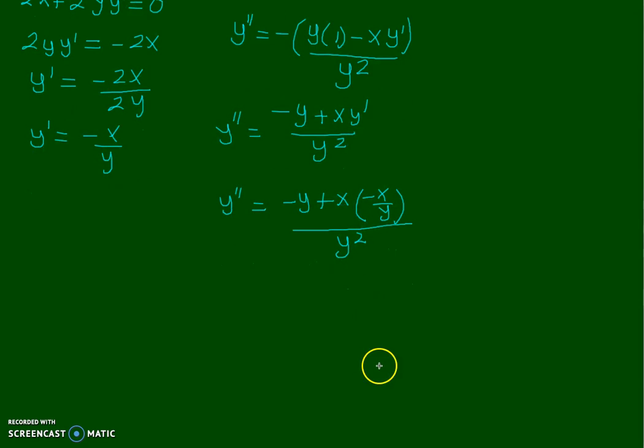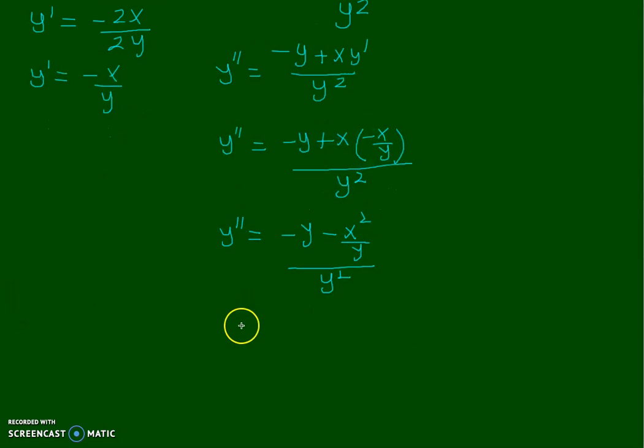So continuing on, we have y double prime equals negative y. This times this gives us negative x squared over y, all over y squared.